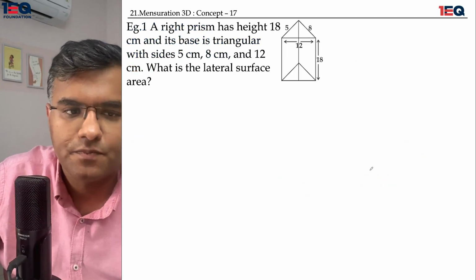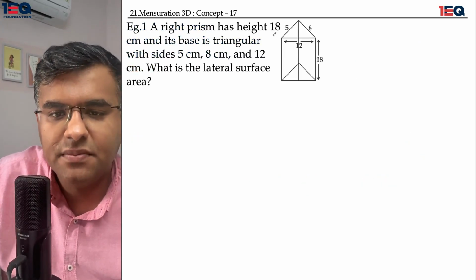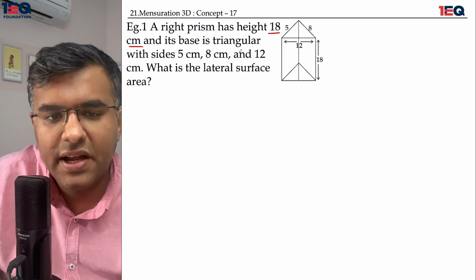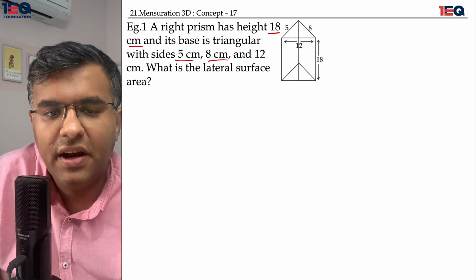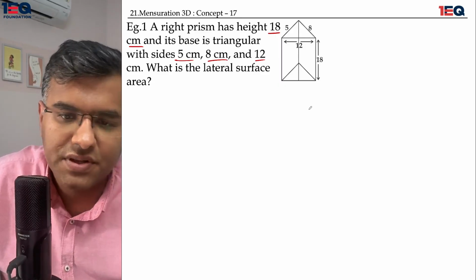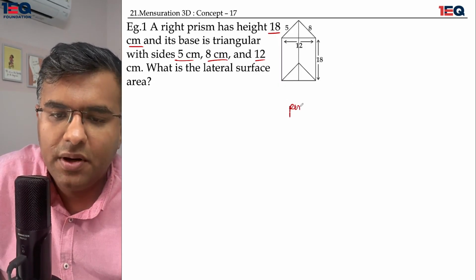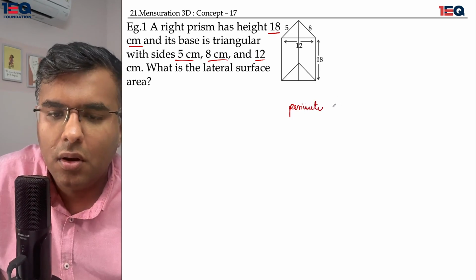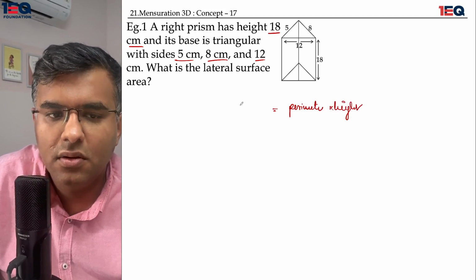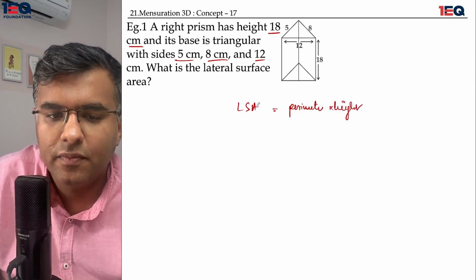Moving ahead. We have a right prism. It has a height of 18 and its base is a triangle with 5, 8 and 12 as its sides. What is the lateral surface area? The perimeter multiplied by height would give me the LSA.